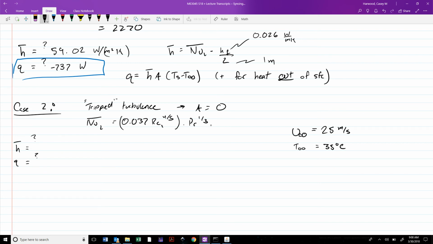And let me give you all the variables again. 1.55 times 10 to the negative fifth meters squared per second, 0.26 watts per meter Kelvin, and Prandtl number is 0.708.